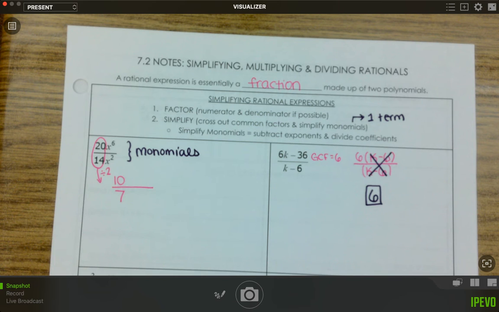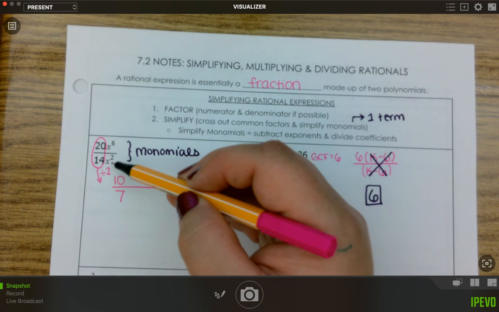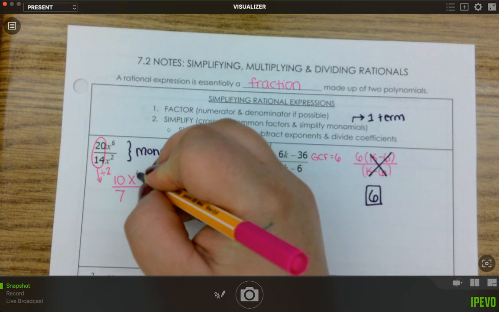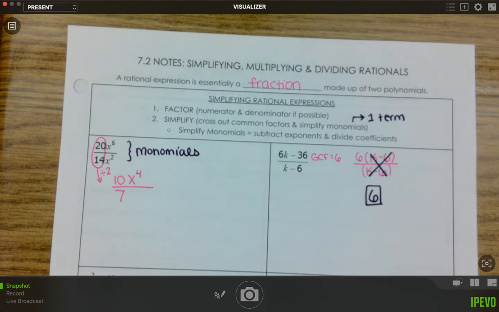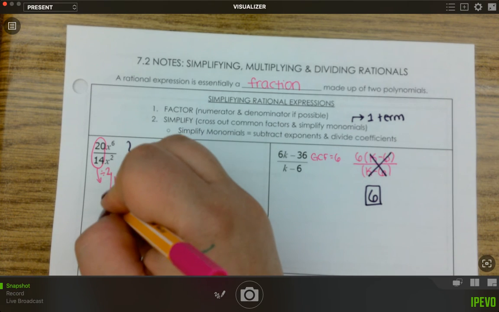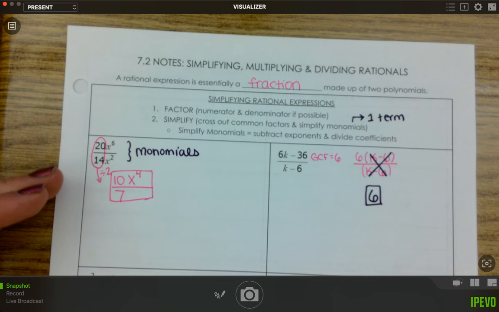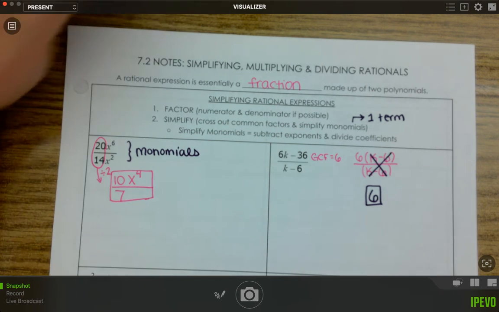And then for your exponents, we are going to subtract these exponents. 6 minus 2 is 4. That's it. This one's done. Okay? Do this if there is no addition or subtraction in the problem. This is actually the only one on the front side like that.